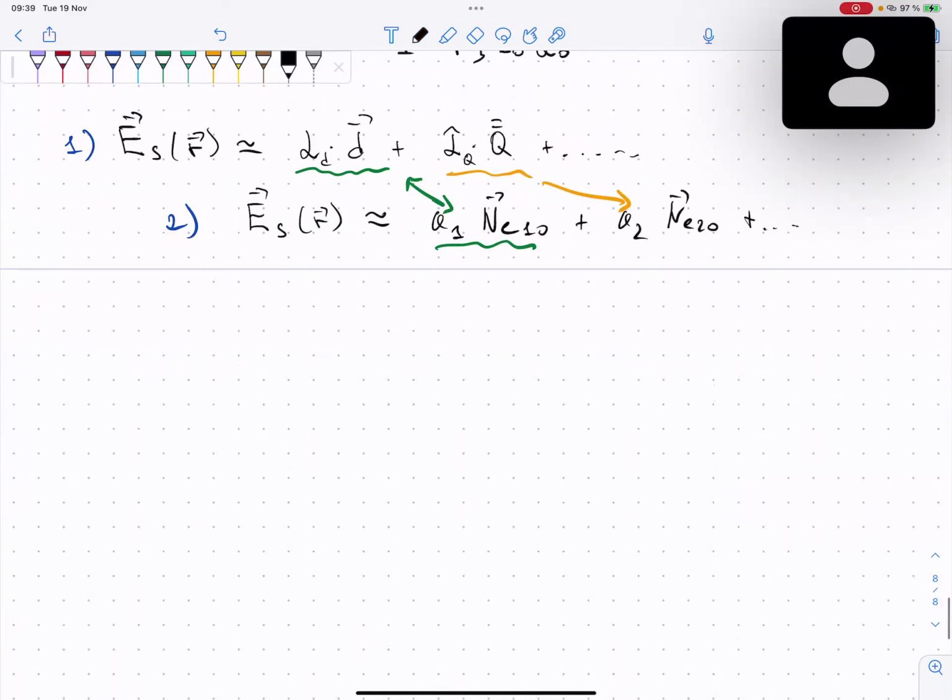If we do these two expansions, we can see that we can express the dipole polarizability in terms of Mie coefficients: the dipole polarizability equals 3I over 2k times A1.